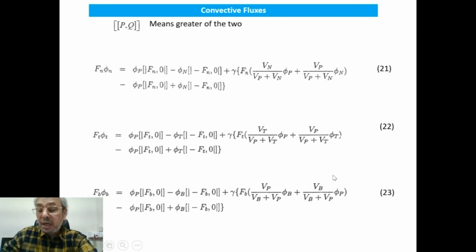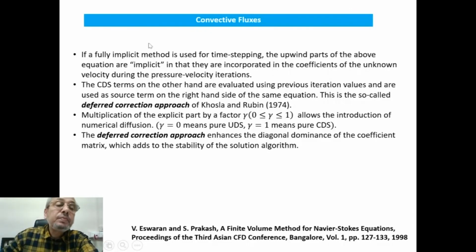So this is how we can compute the convective fluxes.